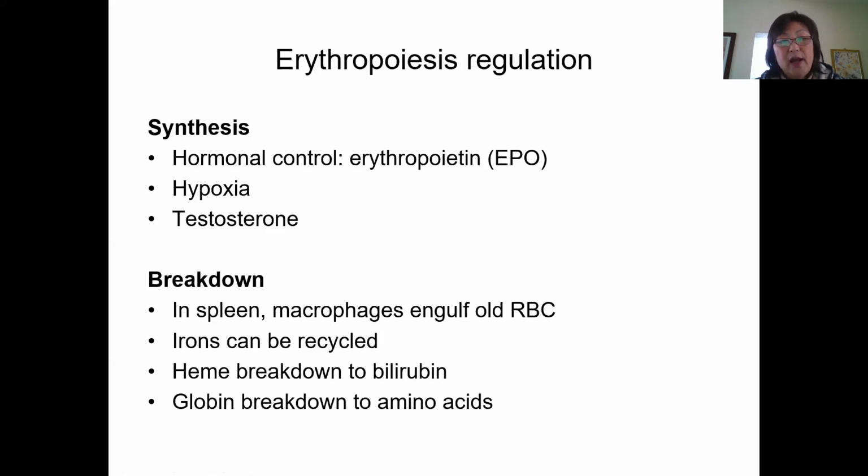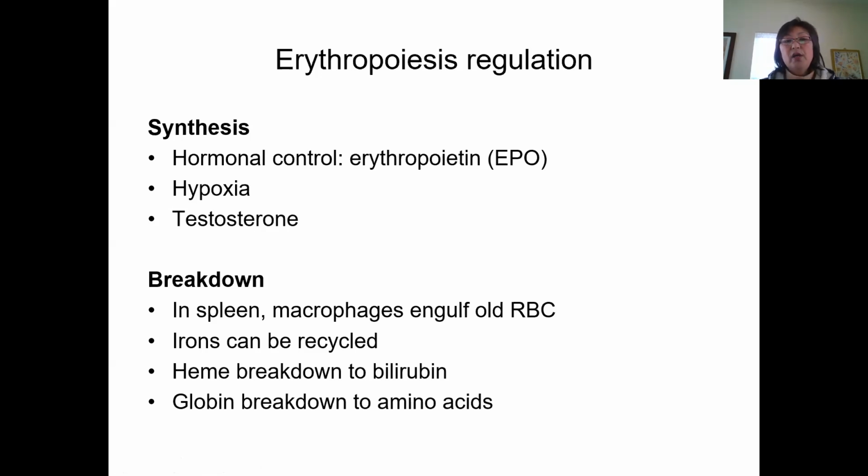I should say, once you extract the iron out of the heme group, the liver will help to break down the rest of the heme group to form bilirubin. And then bilirubin can be eliminated in feces or through the kidney in urine.